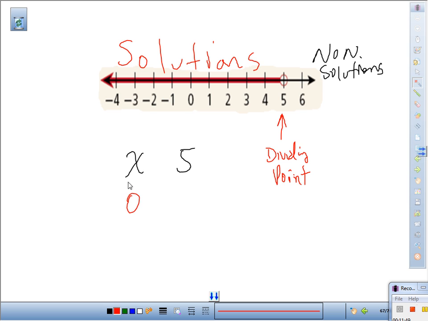So, 0 instead of x, and I bring down the 5. Question, which one of these, if they were on a scale, is heavier? 5. That means this side will drop. Is that correct? And that means the arrow is going to point that way. Now, I don't write the equal sign on it because this is an open point. Everybody see that? All right, copy this. This is example Q.